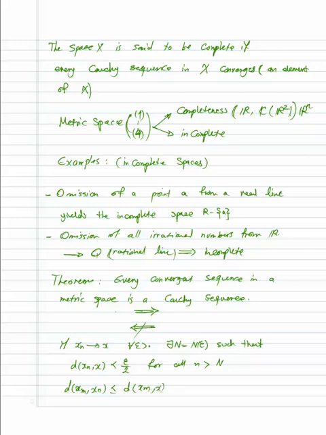We know that x belongs to this space, because it's a convergent sequence, plus d of x and xn. And we know that it is less than epsilon over 2 plus epsilon over 2, which is epsilon. And we should be careful here that both m and n are greater than n. Okay, and you see that this is the definition of a Cauchy sequence. Then it's checked.